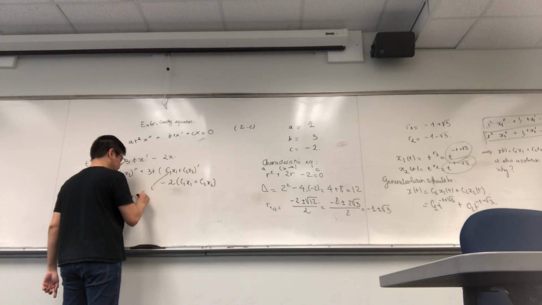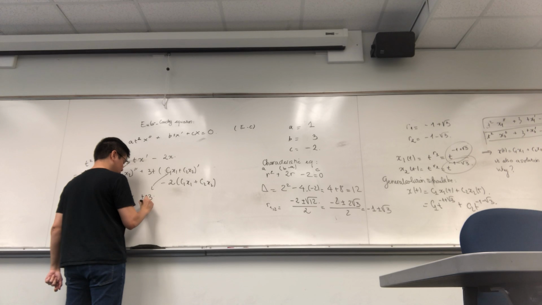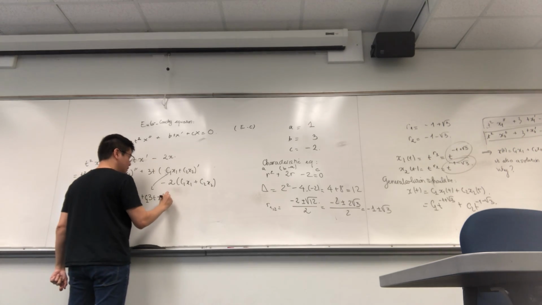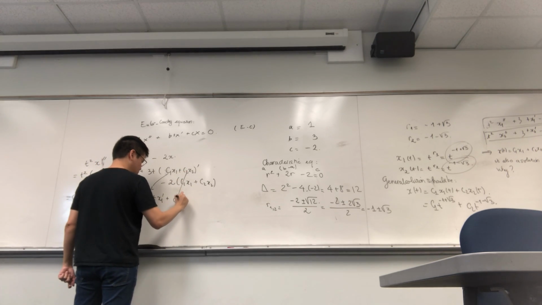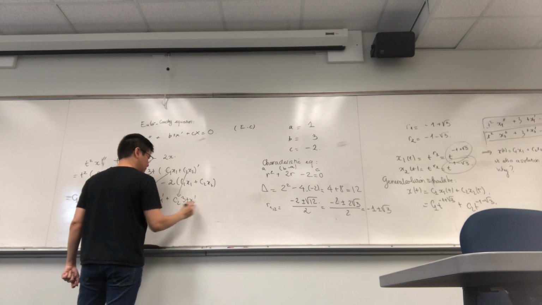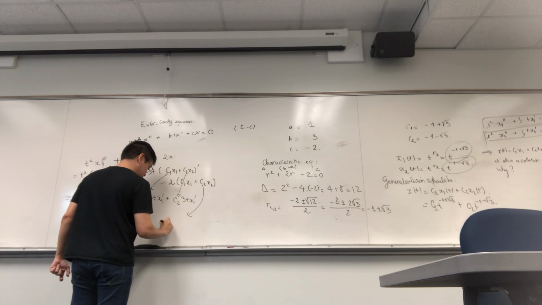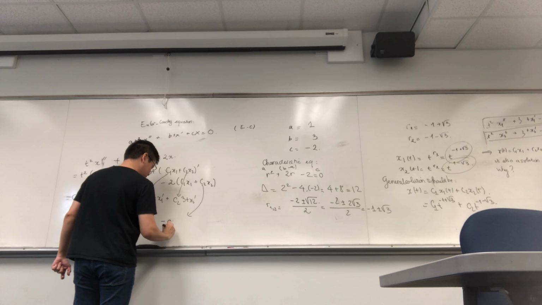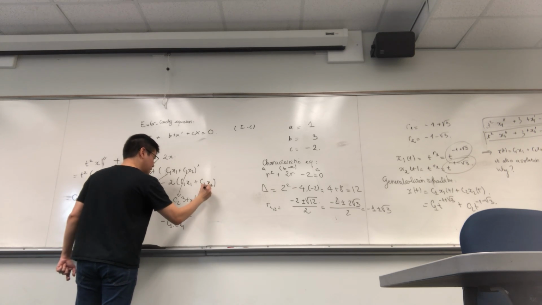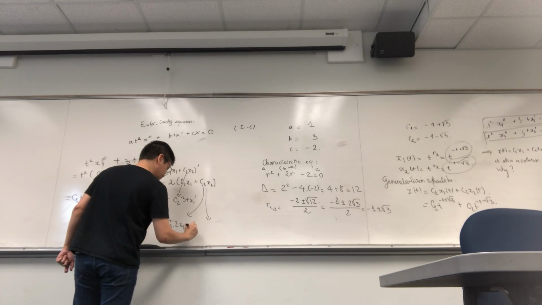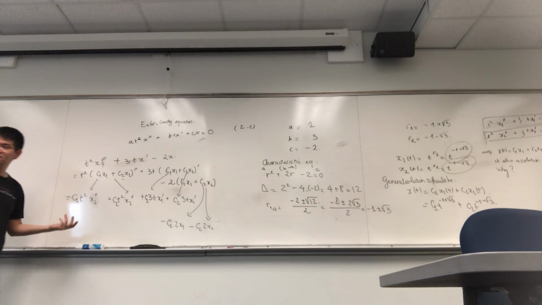This guy gives you c1 3t x1 prime, this guy gives you c2 3t x2 prime. This guy gives you minus c1 times 2x1, and this guy gives you minus c2 times 2x2. Right? You just expand it.